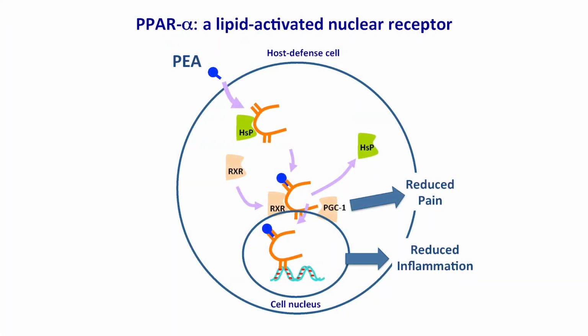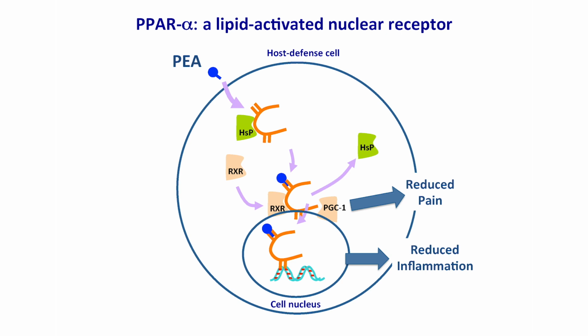So here is a cell, and I called it a host defense cell. Host defense cells are cells in the body that are there to defend us against viruses, bacteria, injury, and stuff like that. In a cell like this, here is the cell nucleus, and here is PPAR-alpha. Normally PPAR-alpha sits in this portion of the cell, called the cytosol, outside the nucleus, and is bound to a protein called the heat shock protein.